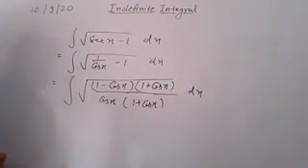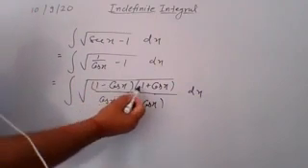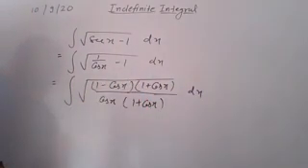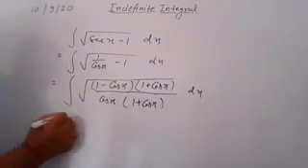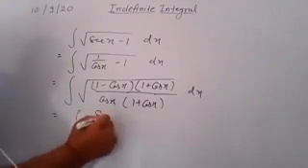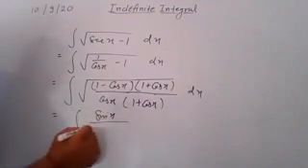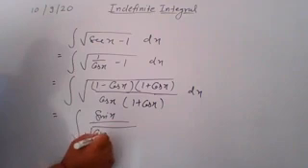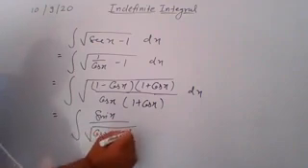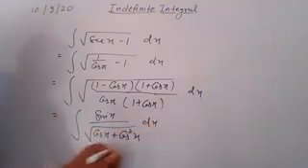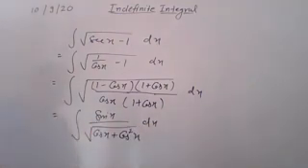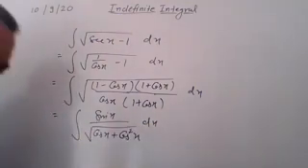Here you have 1 minus cos square x, which is sine square x. So you can write sine x upon under root cos x plus cos square x dx. So I think now this question is easy.